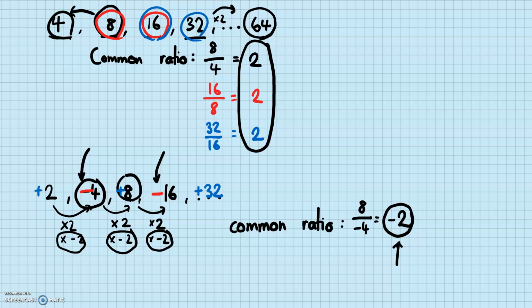So this is called an alternating sequence because the signs are alternating. When the common ratio is a negative number, the sequence is going to be an alternating sequence.